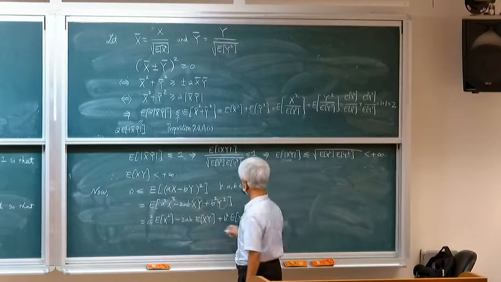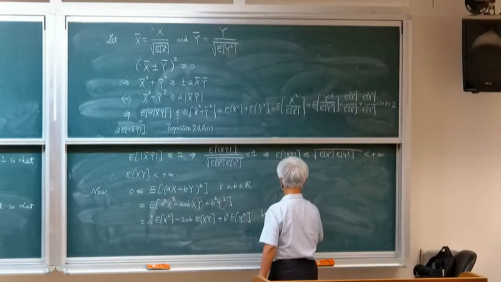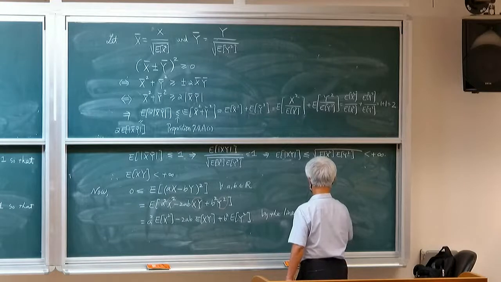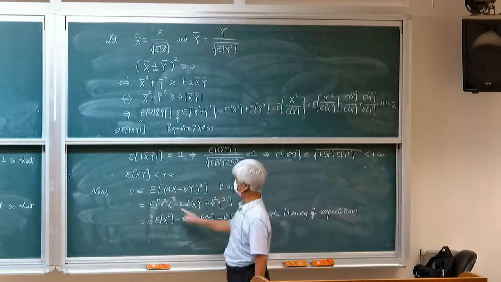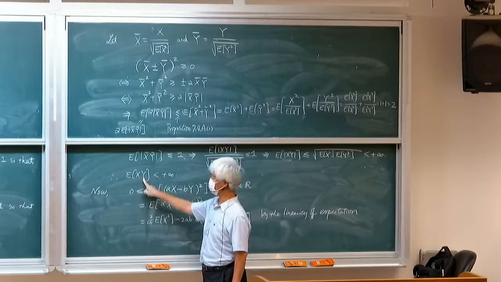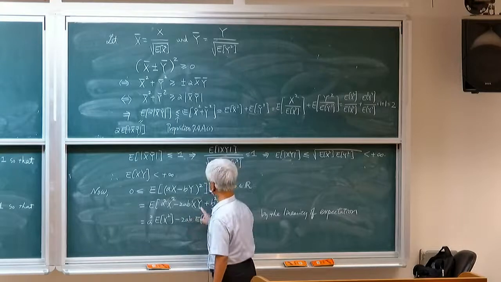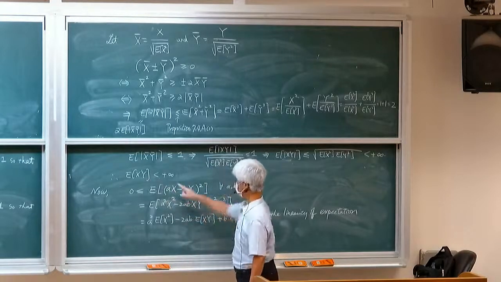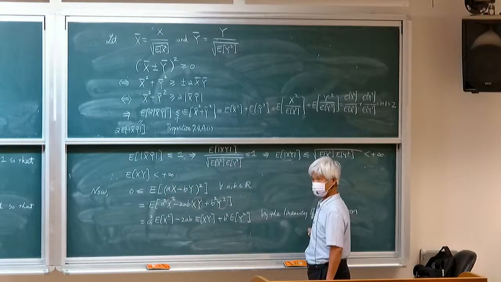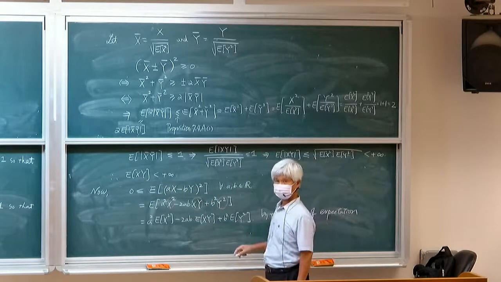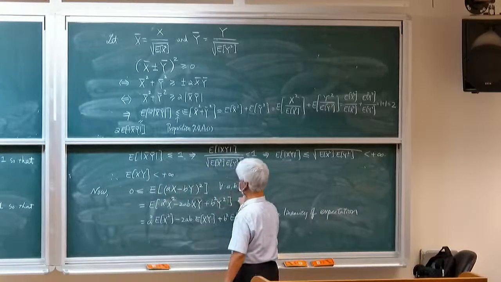We can apply the linearity because we have proved that the product x and y has finite expectation. If we haven't proved the product has finite expectation, then we cannot use the linearity of expectation. All right. And now a, b can be arbitrary, right?